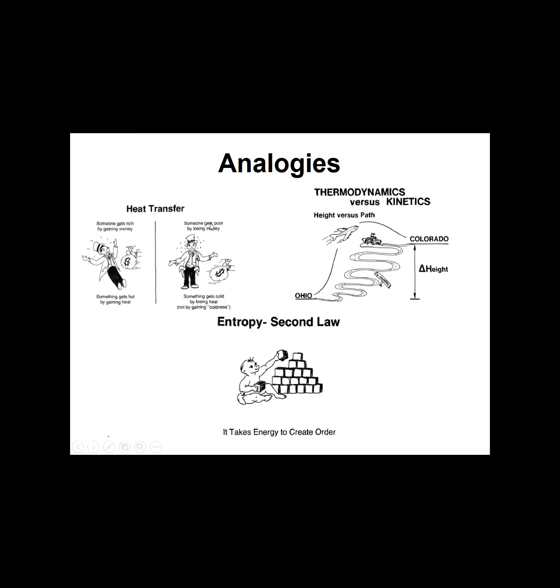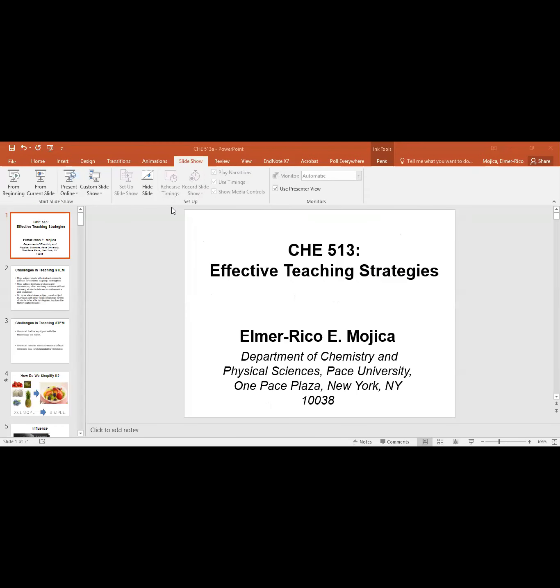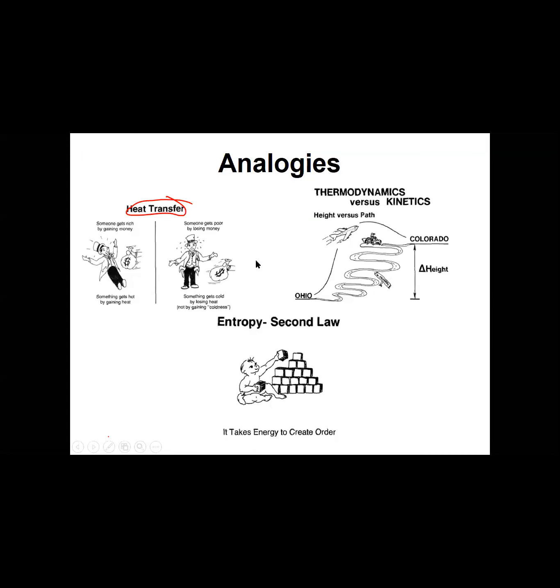Then another useful analogy is the concept of heat. So if you're going to look at the concept of heat, how do we describe heat? Here we put an analogy of heat to money.